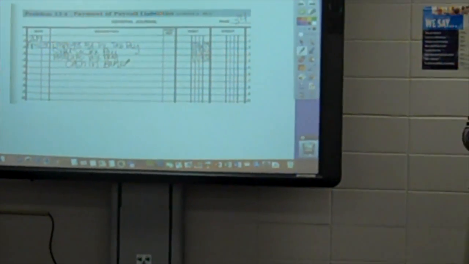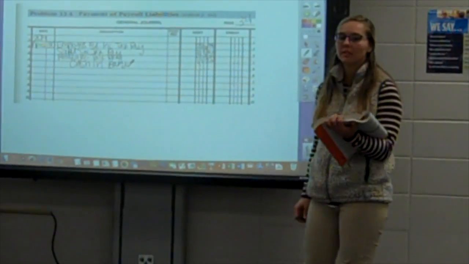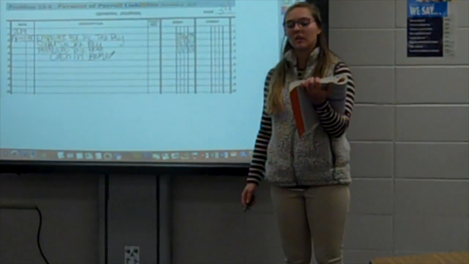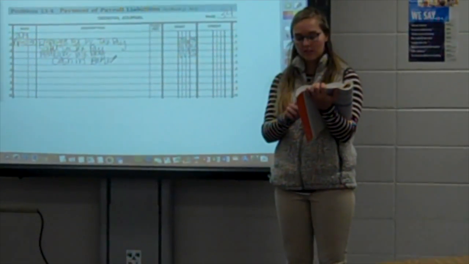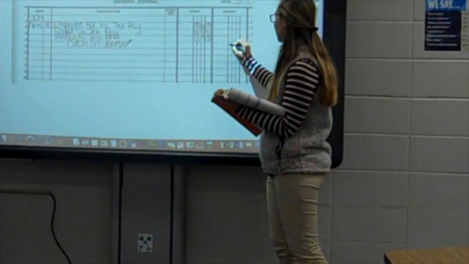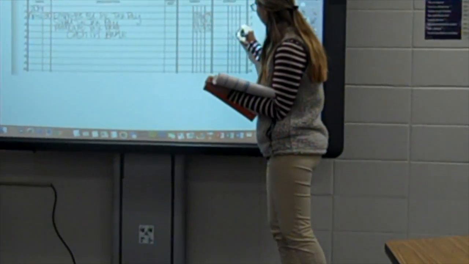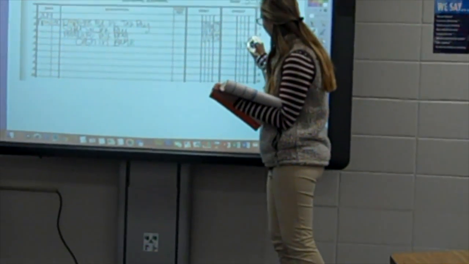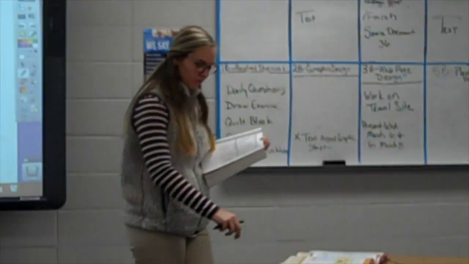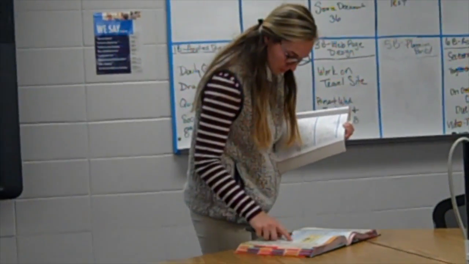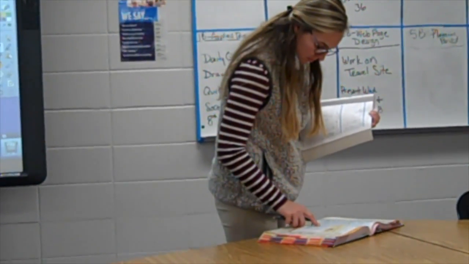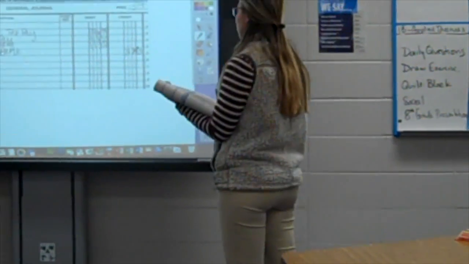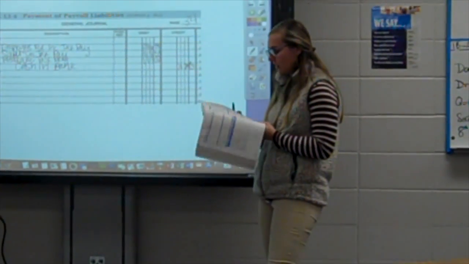So we can add up all of our debits, and that should be what our cash in bank is going to be. $717.83.